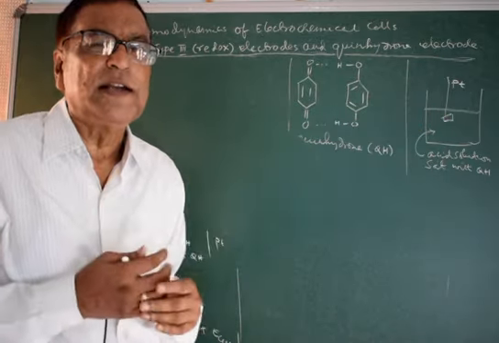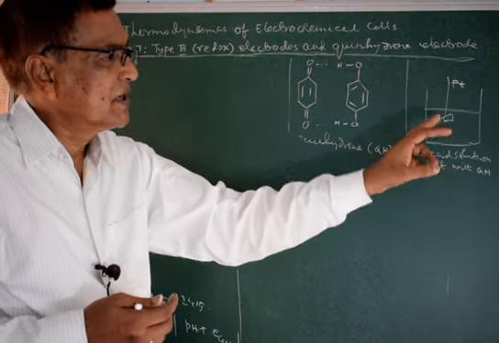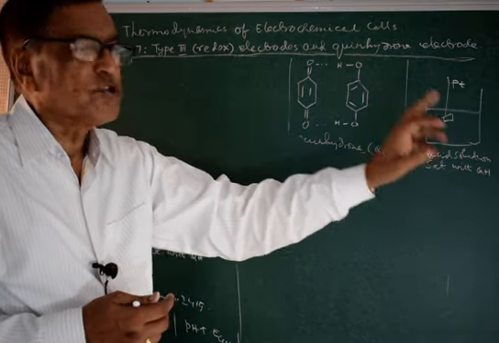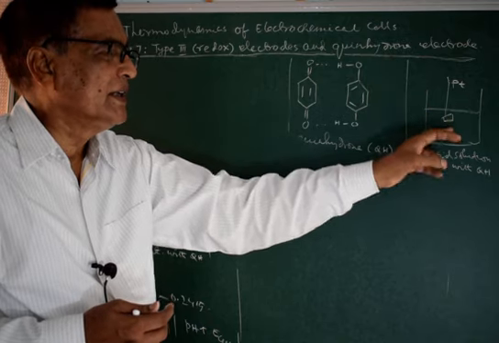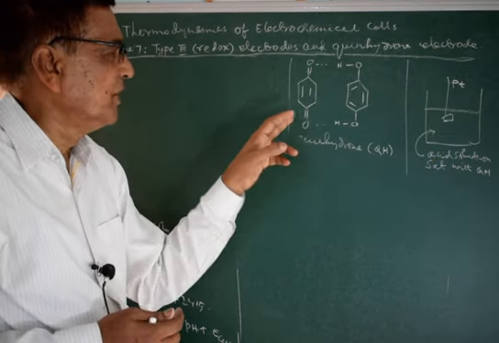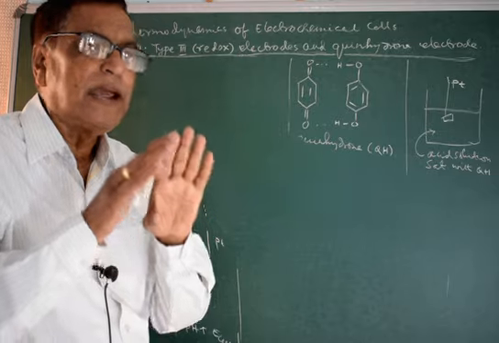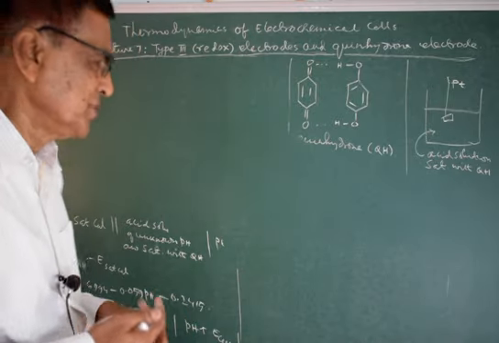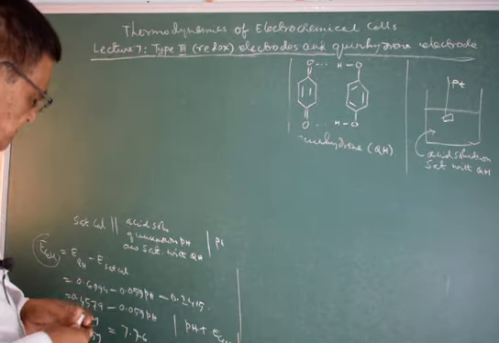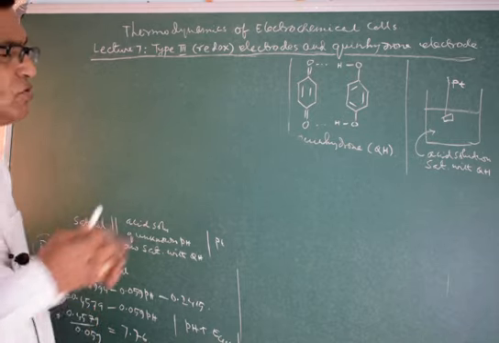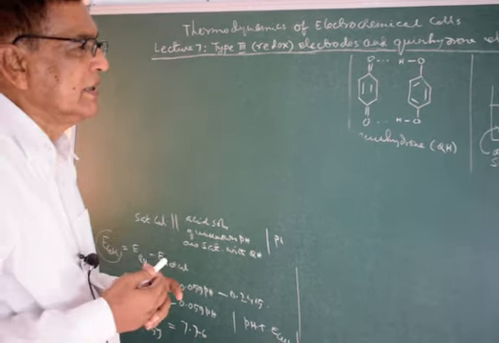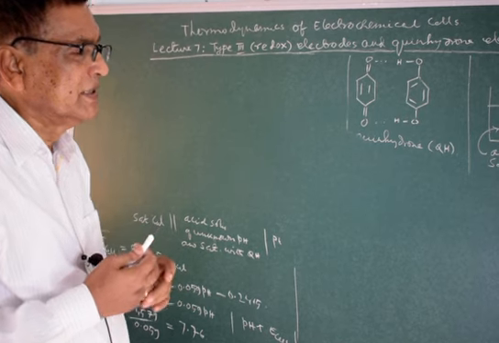The only difficulty is that this solution must not contain any oxidizing or reducing agent. In that case, the quinone or hydroquinone will be attacked by these oxidizing and reducing agents. So there are also some disadvantages.